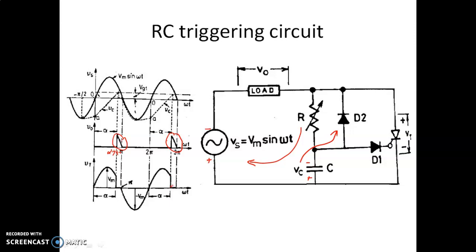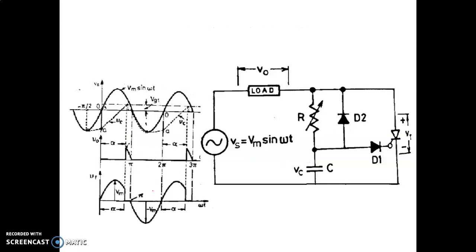Now during this interval, the input voltage goes to the load. So this small portion of the input voltage goes to the load. Now consider a similar case. A bit more voltage comes across the load, but here also the value of alpha is greater than 90 degree.